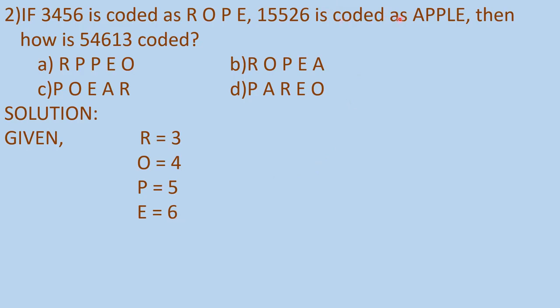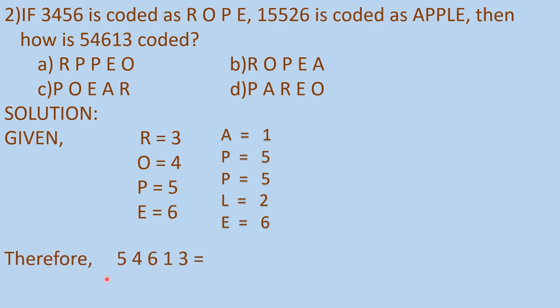And in the second, A is equal to 1, P is 5, P is 5 same, L is 2, and E is 6. Now we have to code 54613. So first of all, 5 is there. 5 is equal to P here, so first of all we will code it P.